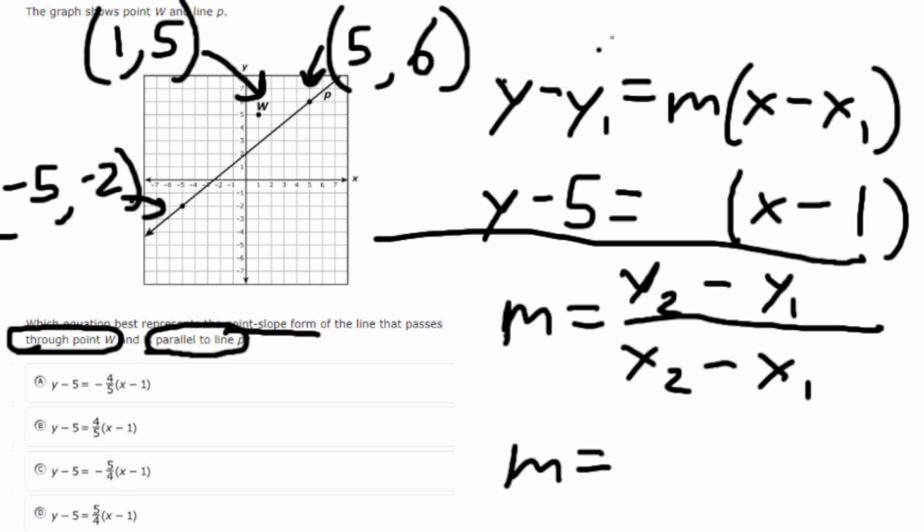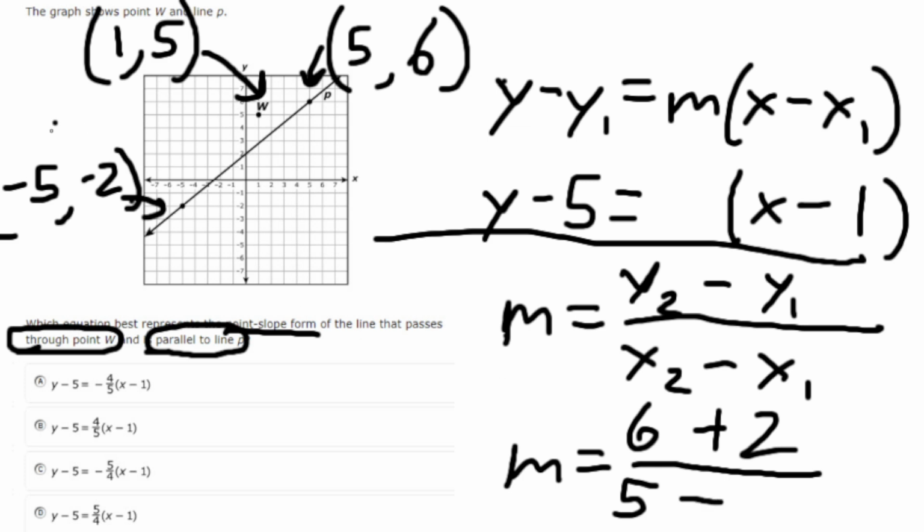So in that case, my y2 is going to be this 6 minus -2. Because it's a -2, this value is going to turn into a positive. So I'm going to make this into a positive 2. Here, I'm going to have this x2, which has 5, minus -5.